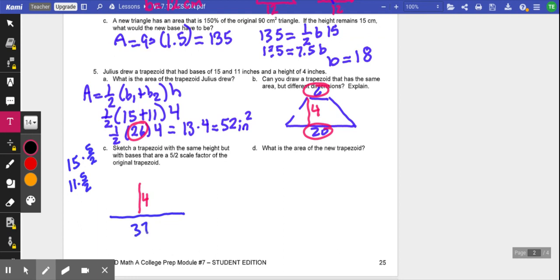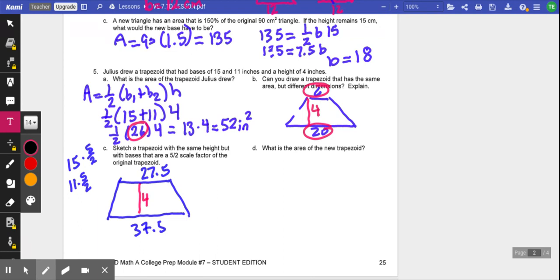Again, these aren't to scale. And 11 times 5/2, that's 27.5. There we go.